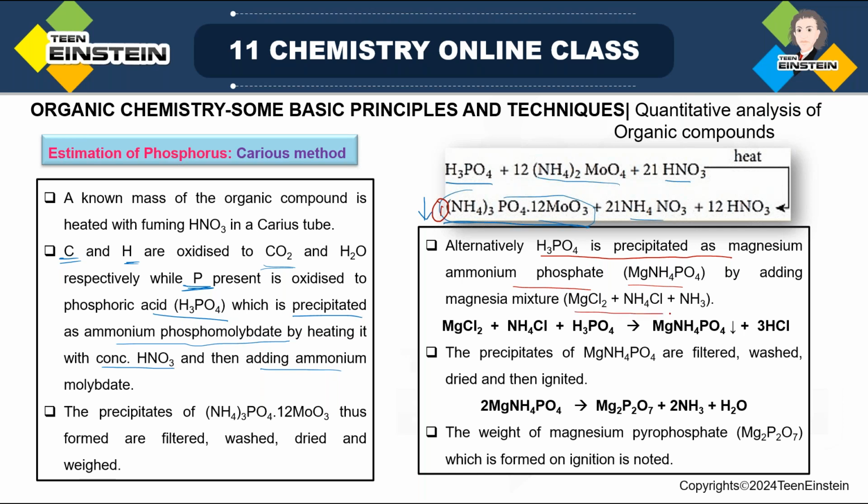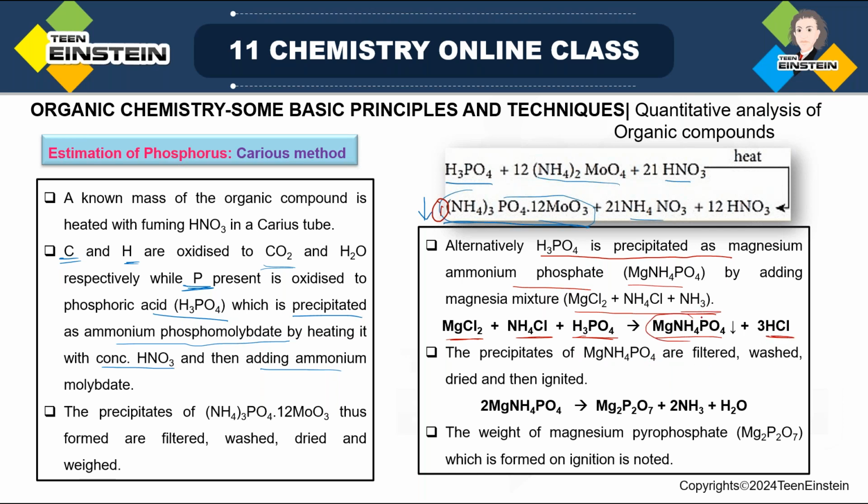You have to add magnesium mixture, which is basically a mixture of magnesium chloride, ammonium chloride and ammonia. Now when you heat this magnesium mixture with H3PO4, in presence of NH4Cl and MgCl2, it will be converted to MgNH4PO4, right? And the HCl will be consumed by NH3.